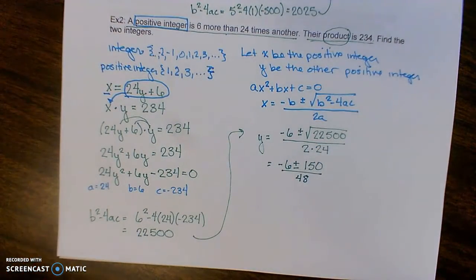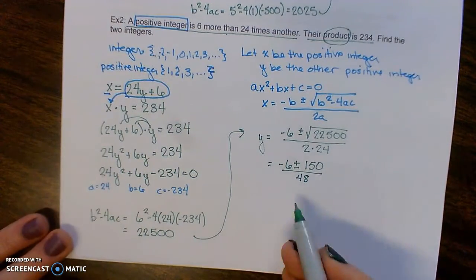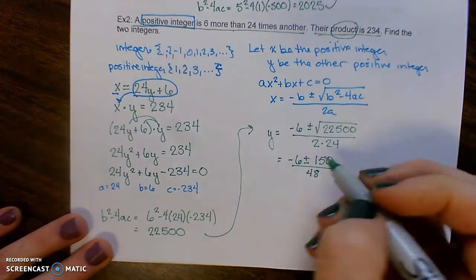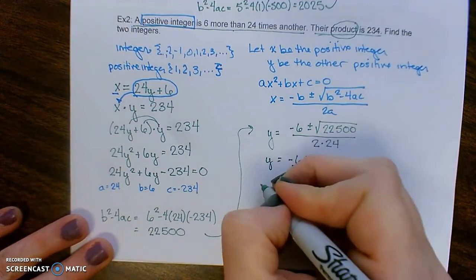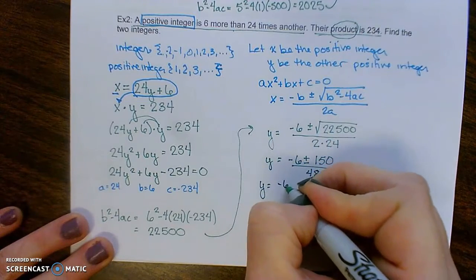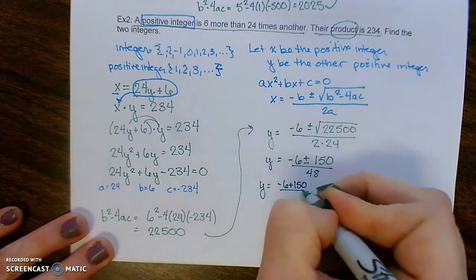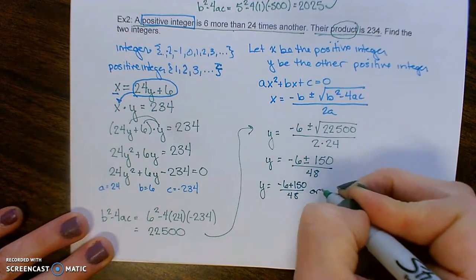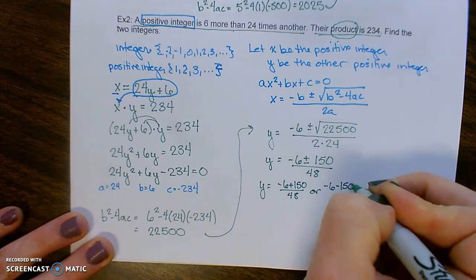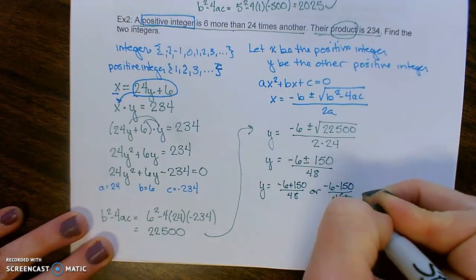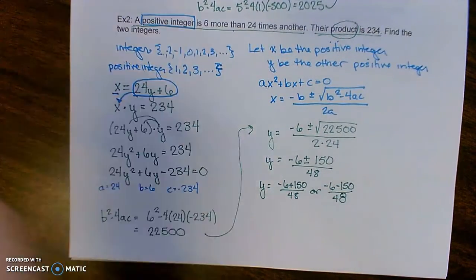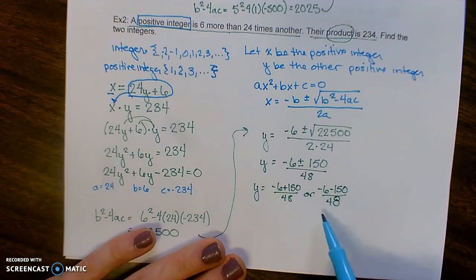All right. Now I just have to remember that this splits it up into two possibilities for y. y is either negative 6 plus 150 over 48 or negative 6 minus 150 over 48. And actually, right away, I know this is going to be negative 156 divided by 4.